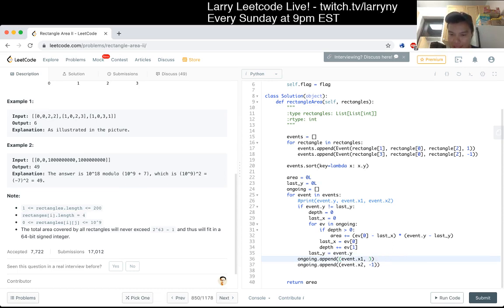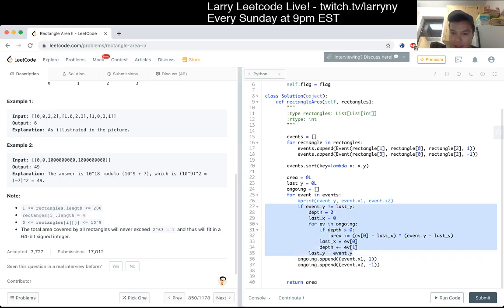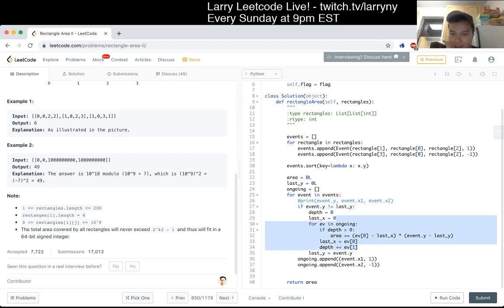No, that's not... What am I doing? Well, this is just the processing part of it. But this we should always execute. It's just that this if statement allows us to save some time, because if we already are at the same y, then all of these will be 0. So okay, that's actually not a thing.